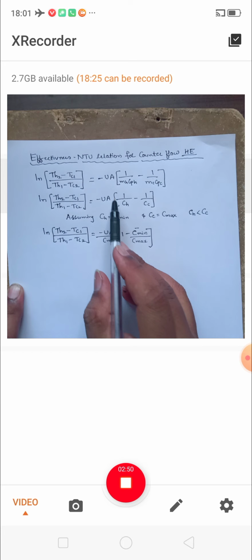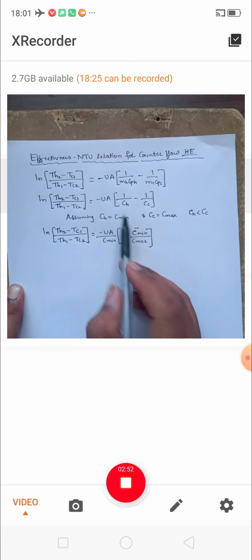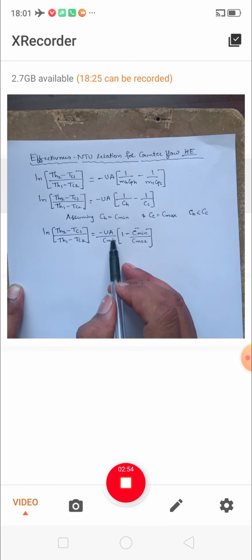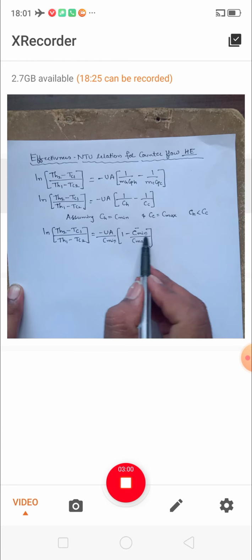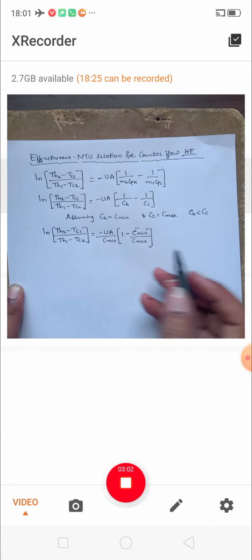So I have taken 1 divided by CH as common, and 1 divided by CH is replaced by 1 divided by C minimum, times 1 minus C minimum divided by C maximum.